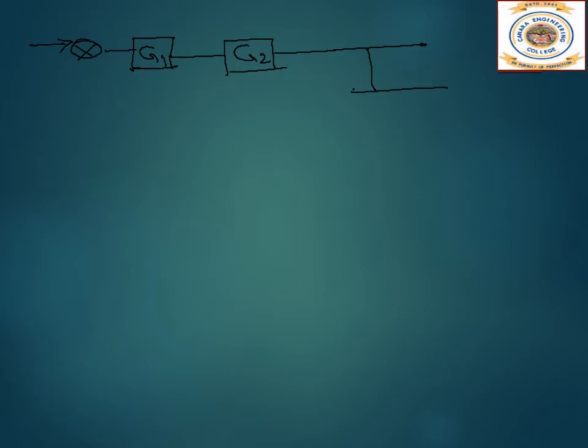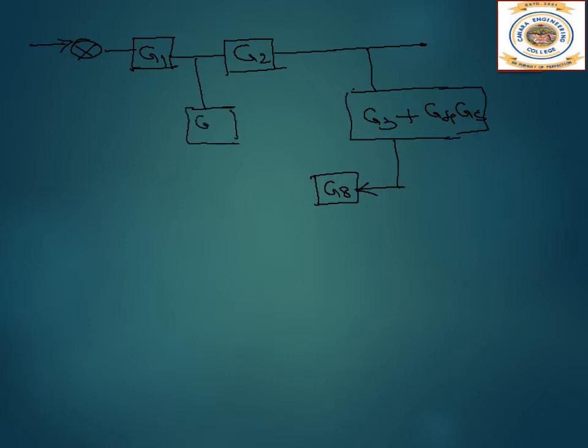Now see, it is parallel, as I told you, so we simply add them up: G3 plus G4 G5. Then we have G8 over here. Then here we have G7, and this summation point also will come to the summation point, plus and plus. Even if you don't write plus, it's okay, it is understood to be plus.